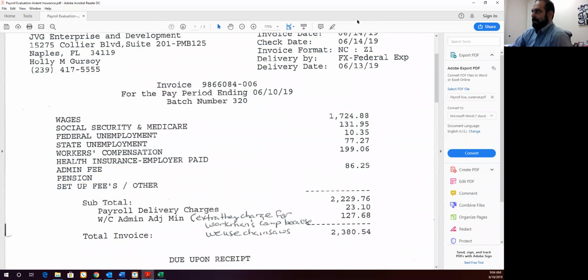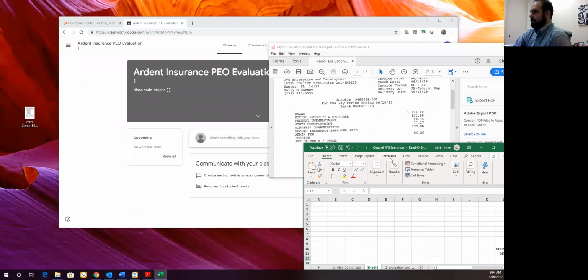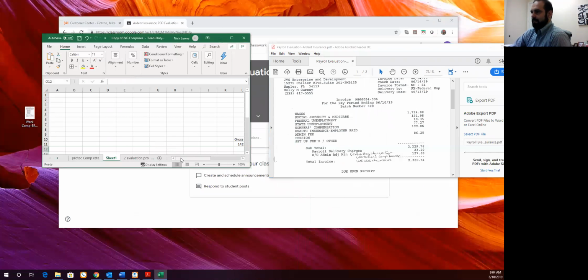For Social Security and Medicare, make this smaller so I can organize my screen.